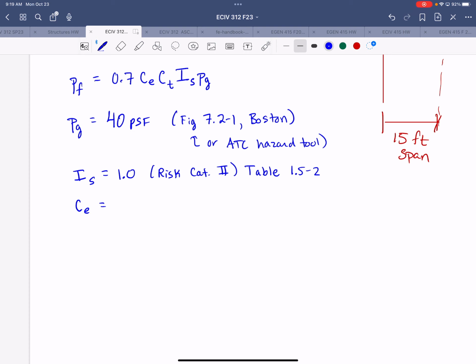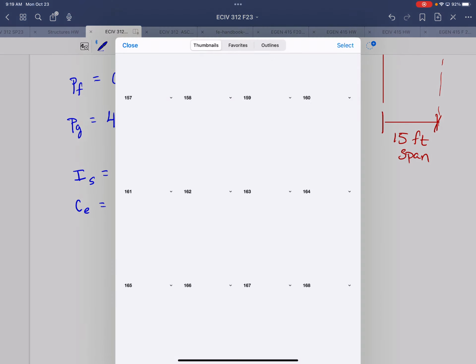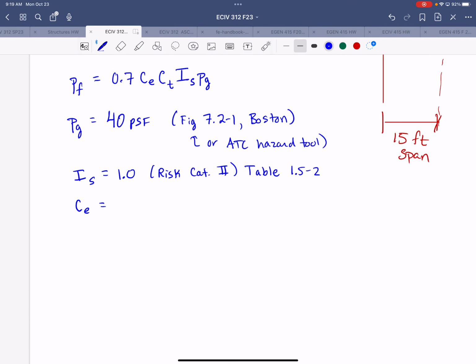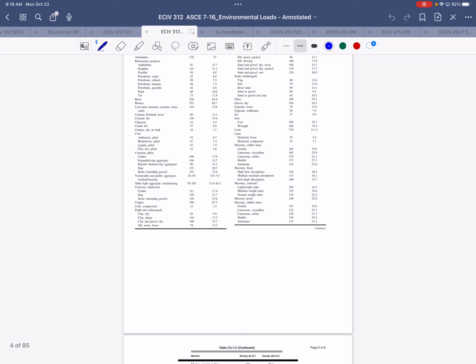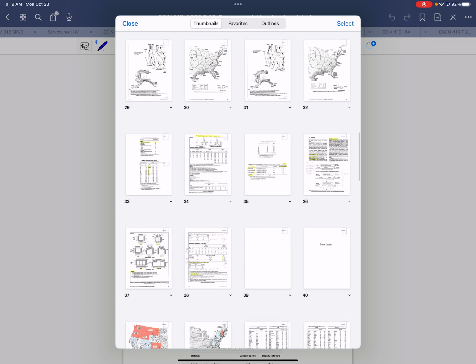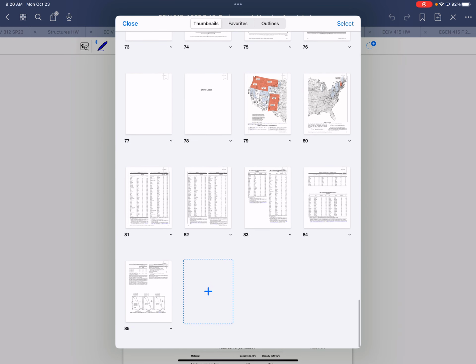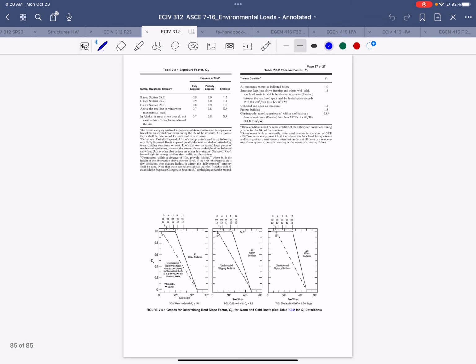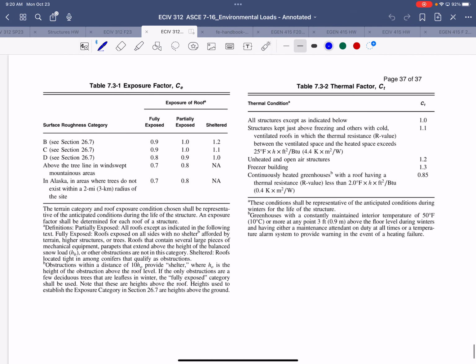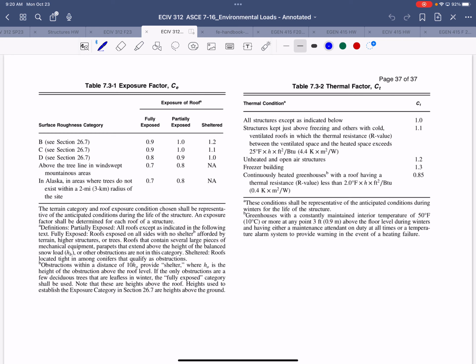All right, so now it'll get a little more interesting. Our exposure factor, let's see, I don't think I have those. Yeah. Here we go, pull that up. The last page of the environmental loads handout, we've got this exposure factor. So we need to identify the surface roughness category.